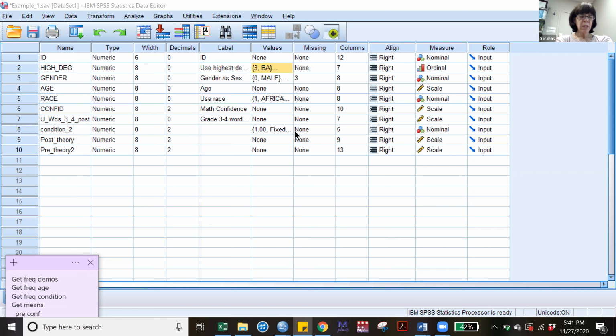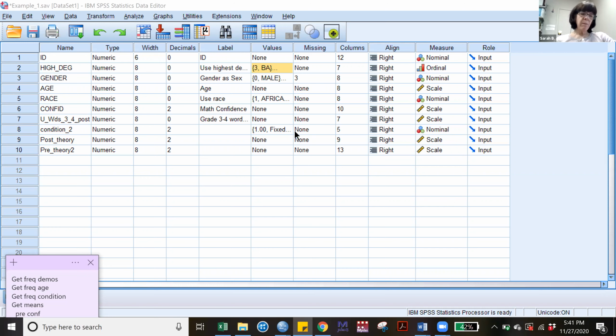We believe that participants will use more words, participants in the experimental condition, emphasizing malleability. Actually, let's say we have a non-directional hypothesis for that. In other words, we're not sure whether they will use more words or fewer words, but we want to see if they use a different number of words to a degree that is not likely due to chance. So that's a non-directional hypothesis about word use, and a directional hypothesis about differences in theory of ability after treatment.